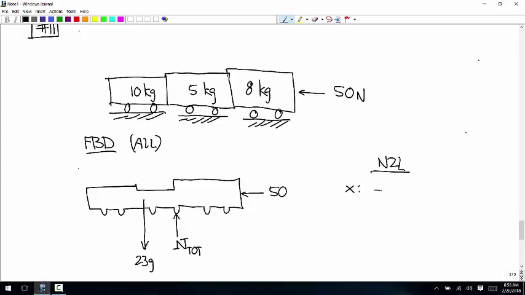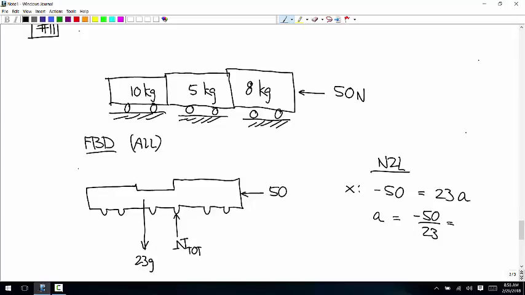We have a force of negative 50, and then that's equal to the mass times the acceleration in the x direction. We'll just call that A. We know the only acceleration is in the x direction because it's parallel to the ground. And so A is equal to negative 50 over 23.